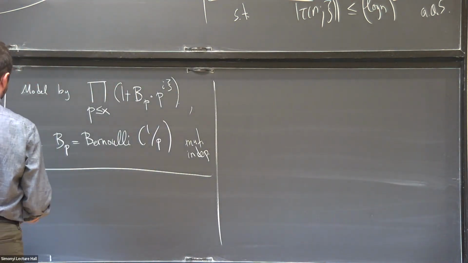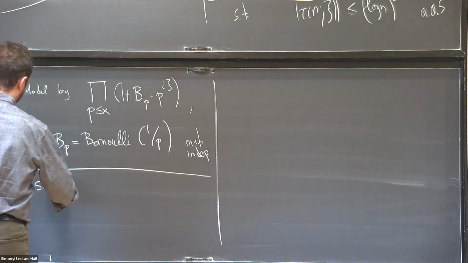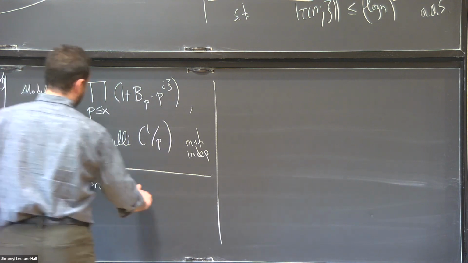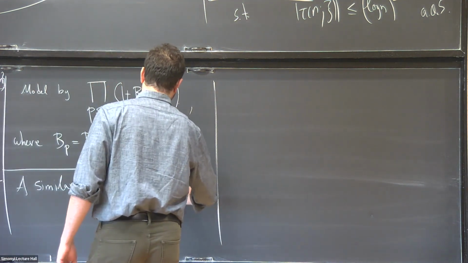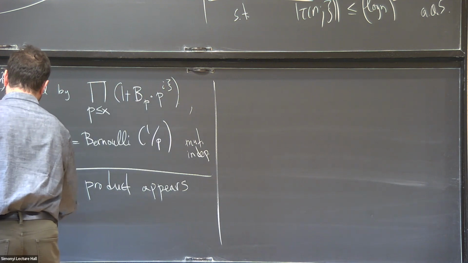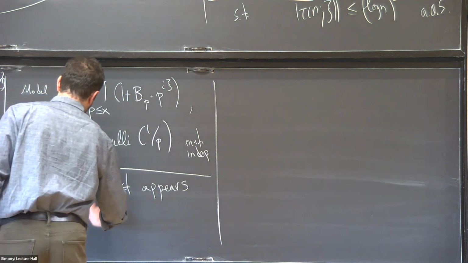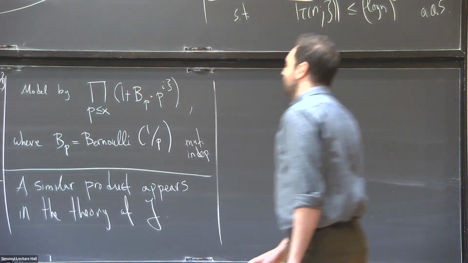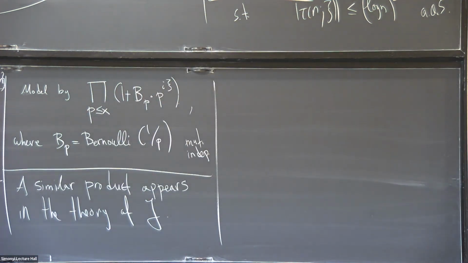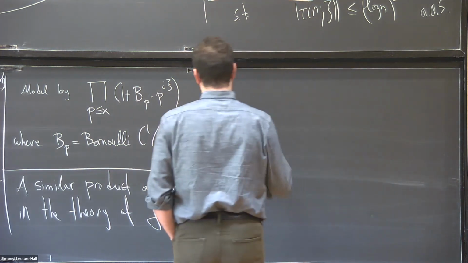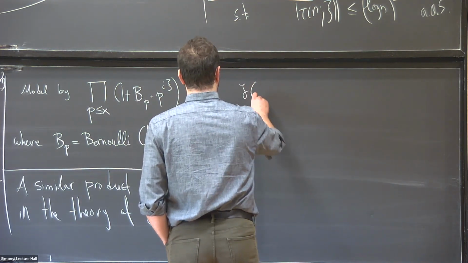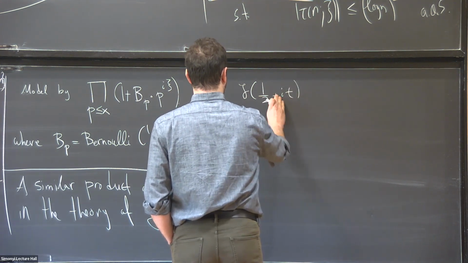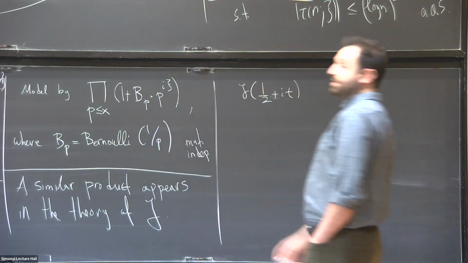So what is this connection here? Let's look at zeta of 1/2 plus it on the critical line, let's say at height t.